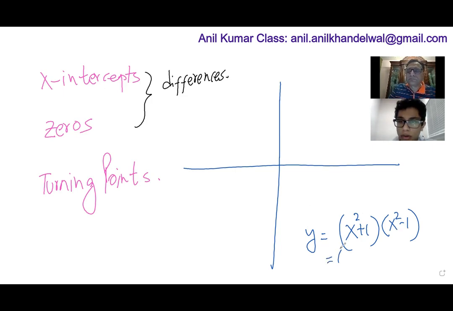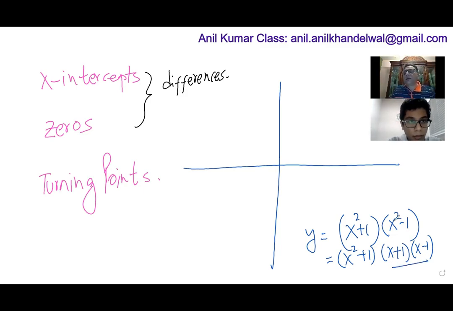X squared plus 1 is always positive. No zero for that term. But x squared minus 1 could be factored and written as x plus 1 times x minus 1, right? That means there are 2 real zeros, one at plus 1, the other one at minus 1, correct?